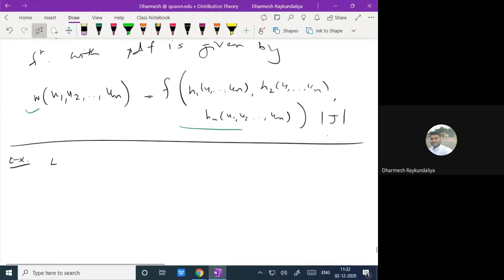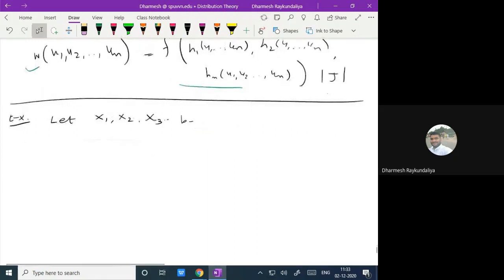Let x1, x2, x3 be IID. IID means identically independently distributed. That means they are independent and they have the same distribution with the common mean and common variance.